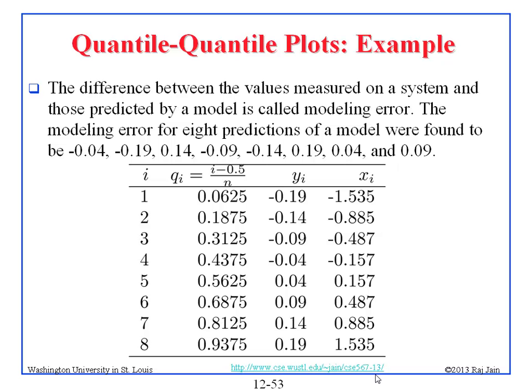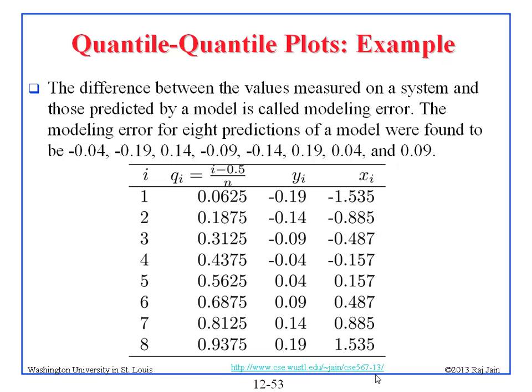We write down 1 through 8 here. If this is i, then we write down (i minus 0.5) divided by n. n is 8, i is 1. So 1 minus 0.5 is 0.5, divided by 8 is 1/16.